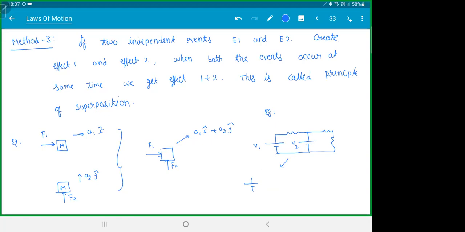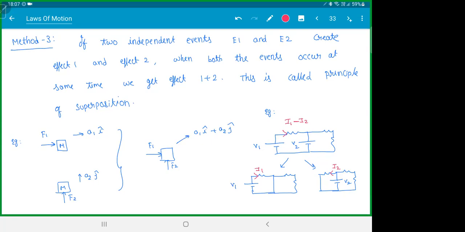We will see this in current electricity, but this idea doesn't just stop at motion. If you had only battery 1, or only battery 2, let's say battery 1 creates a current I1 here, and battery 2 creates current I2 here. When both the batteries are there, the current would be I1 minus I2 because both are in opposite directions.